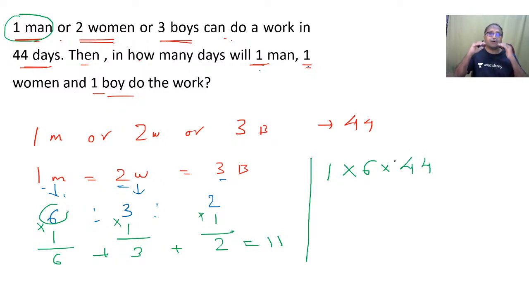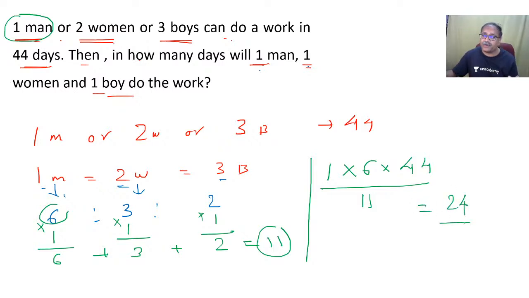This is the work volume. I repeat, this is the work volume, and this has to be done with an efficiency of 11. So divided by 11, I will get the number of days. And here I see that you people beautifully answered, 24 days. That's great. Wonderful performance.